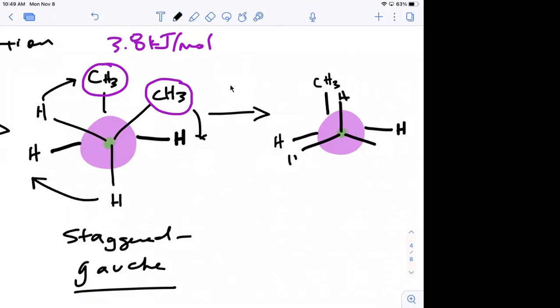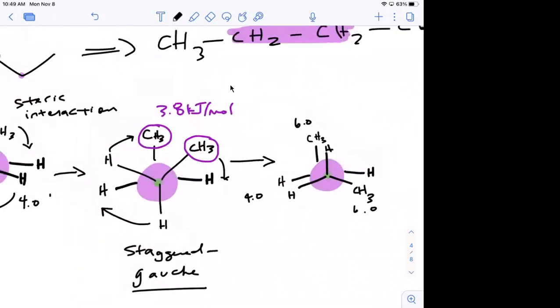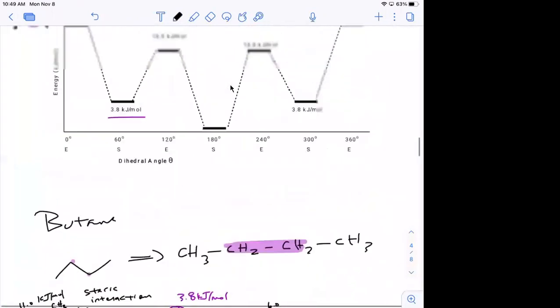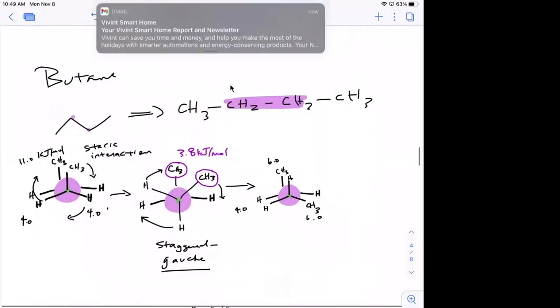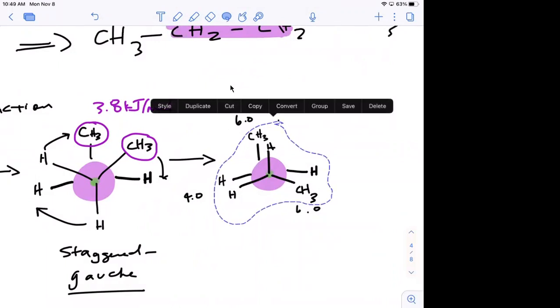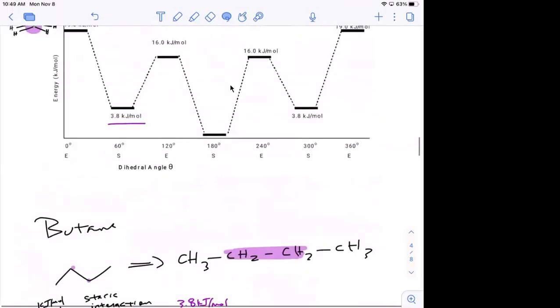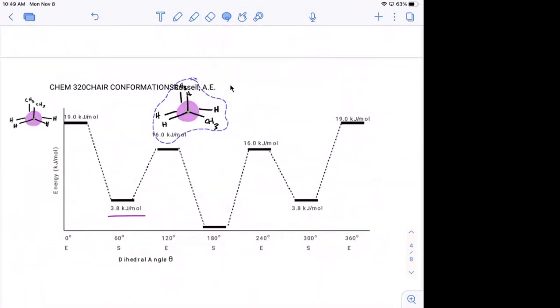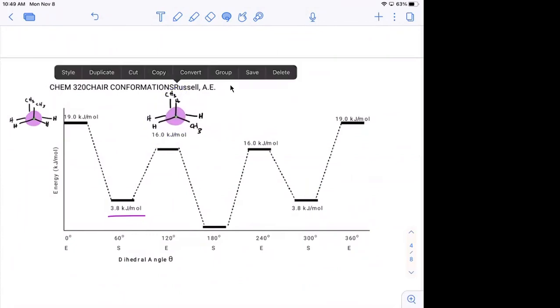So this is going to be hydrogen, that's hydrogen, and that's methyl. You can see that the methyl is coming around to that position. So this is 6, 6, and 4, right? So that's the conformer at 16 kilojoules per mole, which is right there. All right, so let me copy it and paste it up there. So on the energy surface, that's what we're going to put here. And let me put the ghost one up there too.